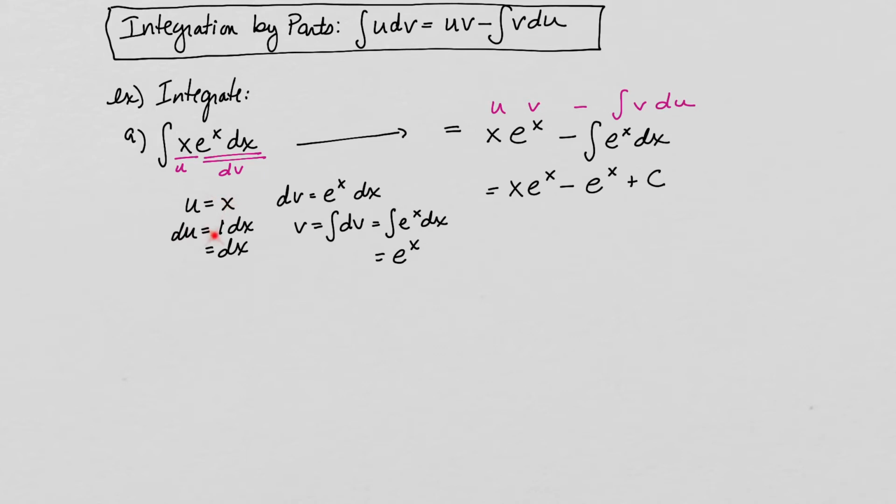The derivative of x is 1 times dx, and so that's how we just get dx. Does that help make that clear? And we're going to do more problems, so it'll probably become even more clear as we go. Great. Other questions?